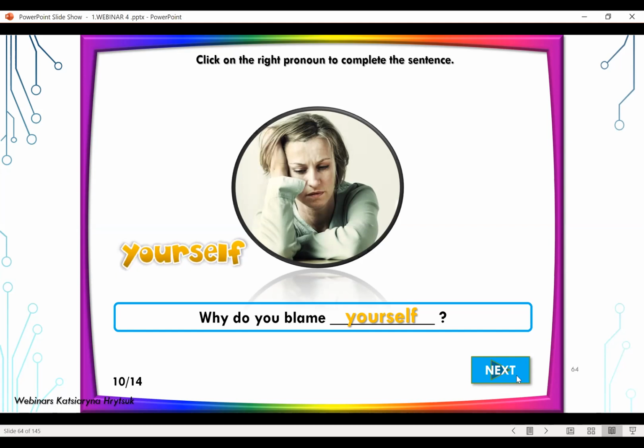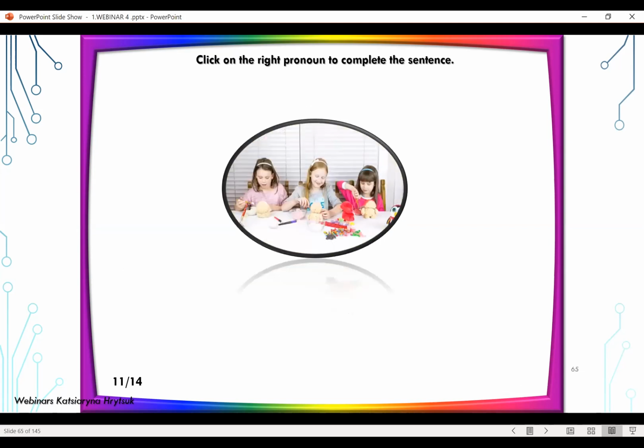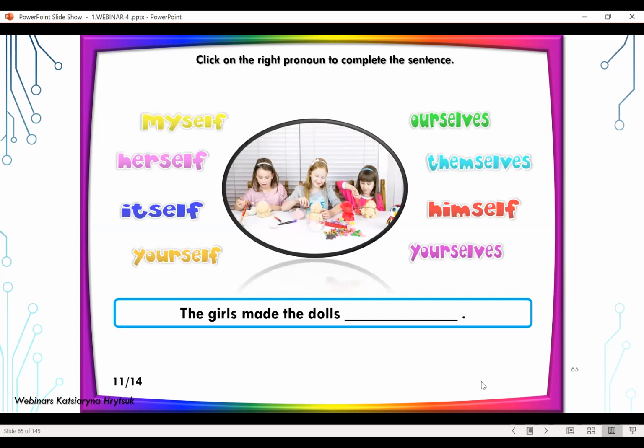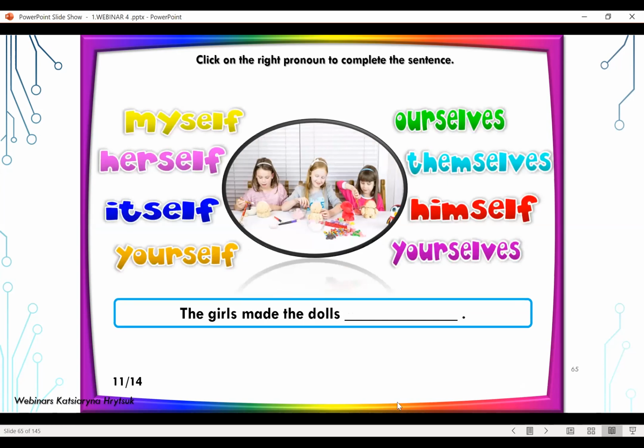Vika, for you again. The girls made the dolls. Vika, change the subject, girls. They.